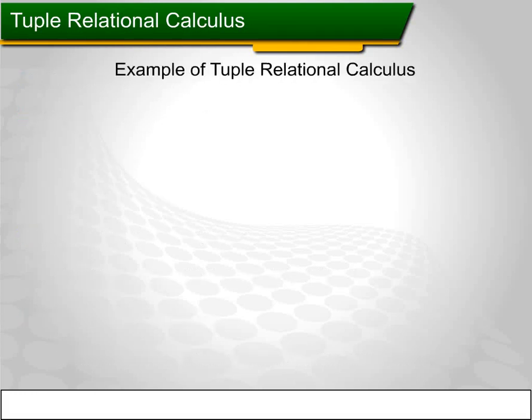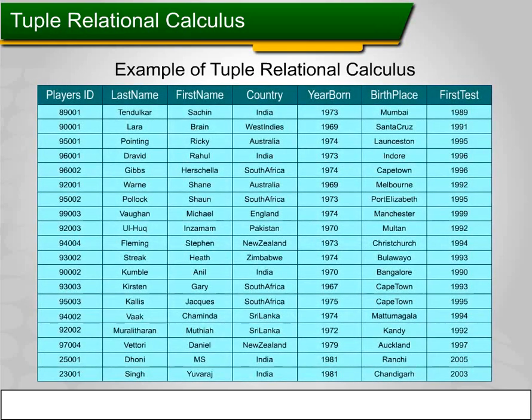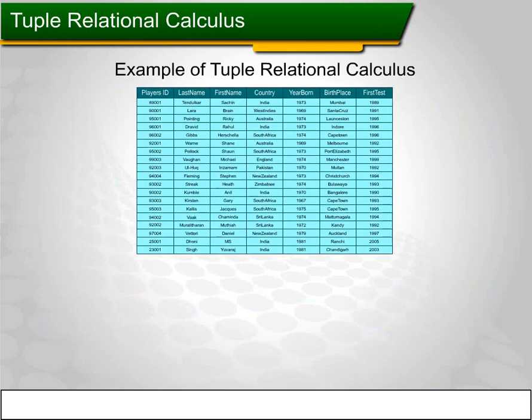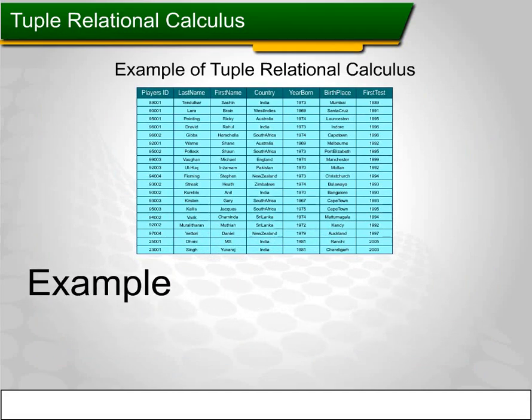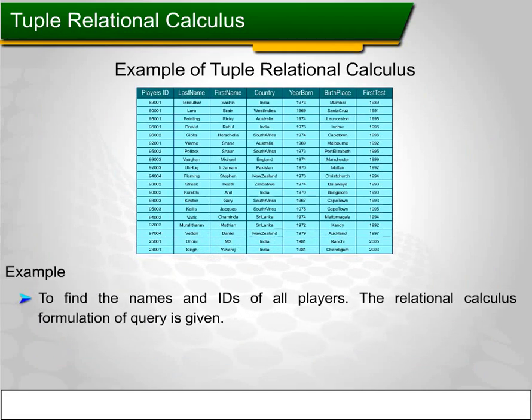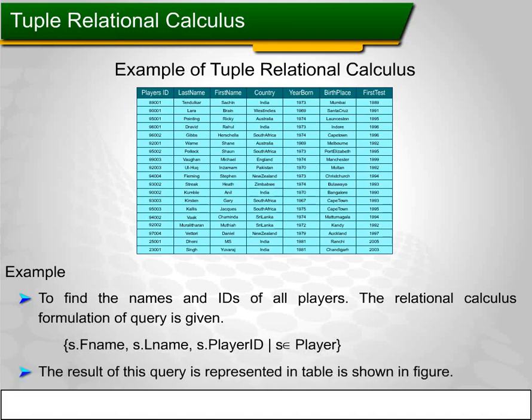Example of tuple relational calculus. To find the names and IDs of all players, the relational calculus formulation of the query is given: {S.fname, S.lname, S.playerID | S in player}.